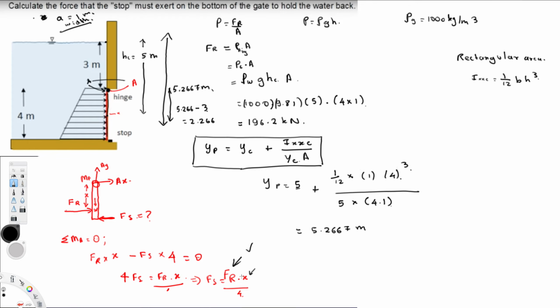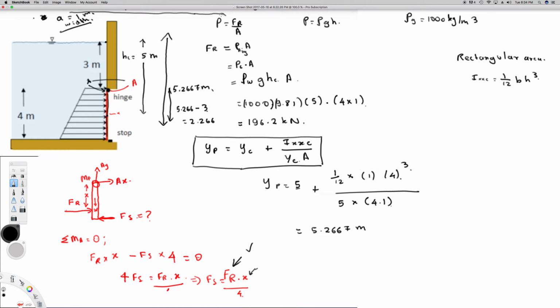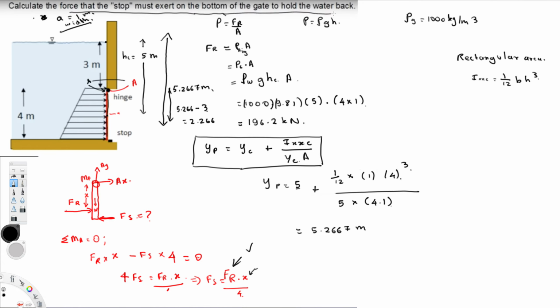Now we have the location and these two pieces of information, so we can calculate the force that the stop must exert on the bottom of the gate to hold the water back.